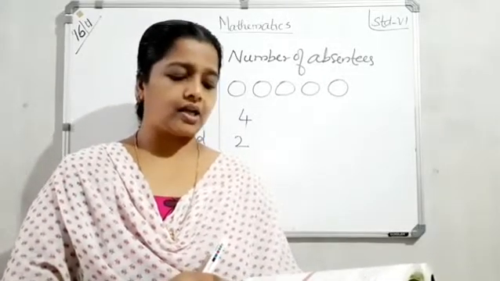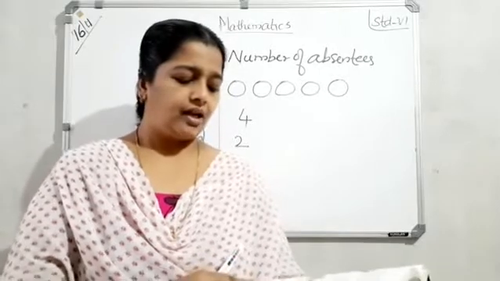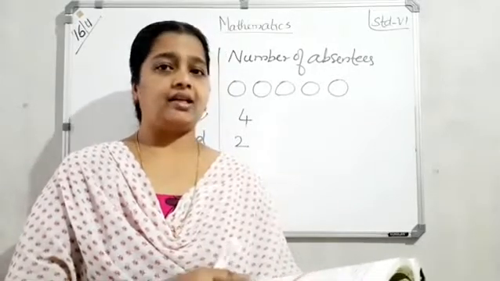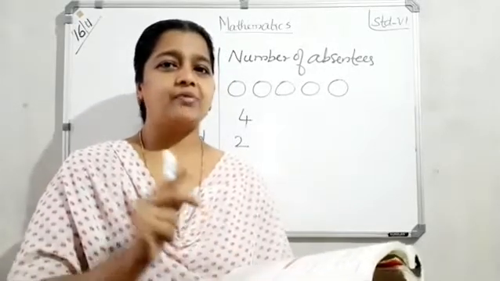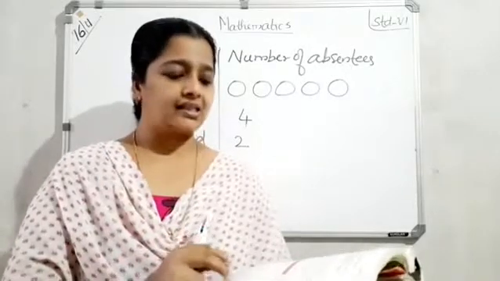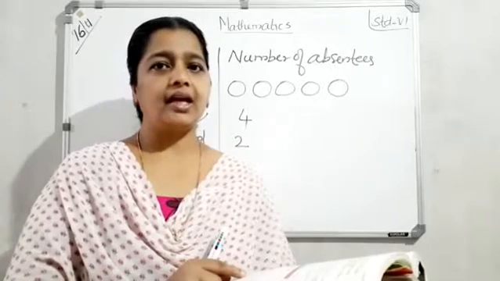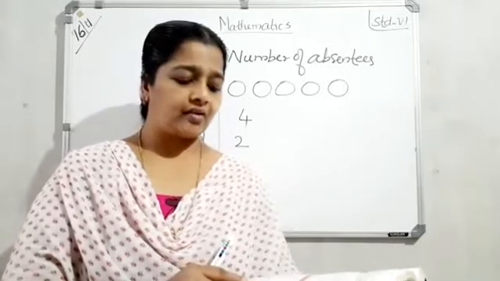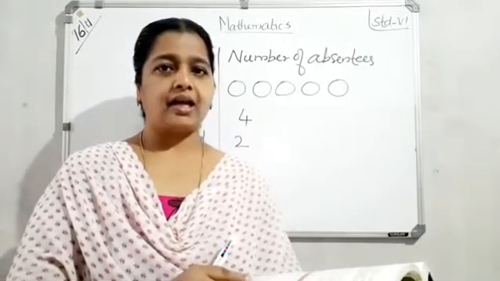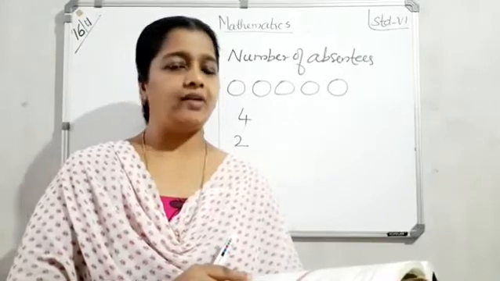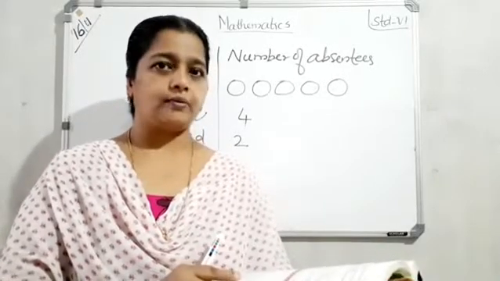You can write the answer there. Then, which day had full attendance? Full attendance means no one is absent. That means Thursday, no absentees. Write the answer in the textbook only, not in the notebook.